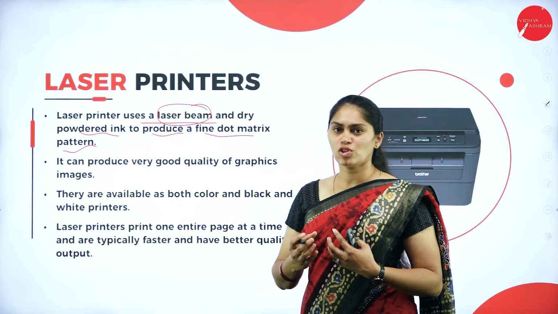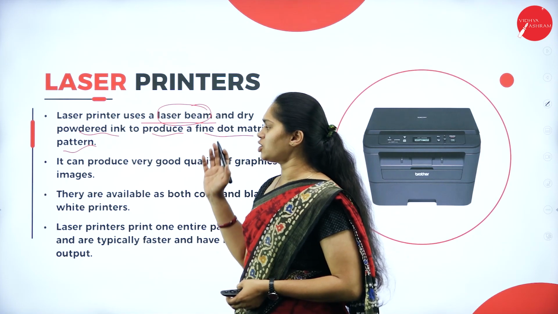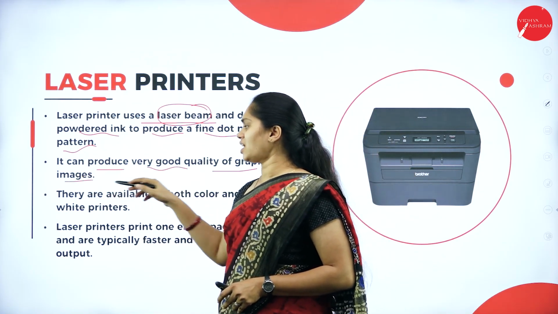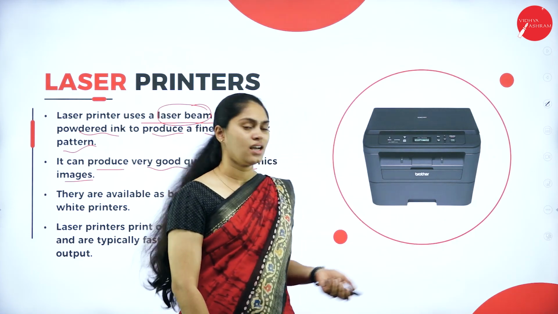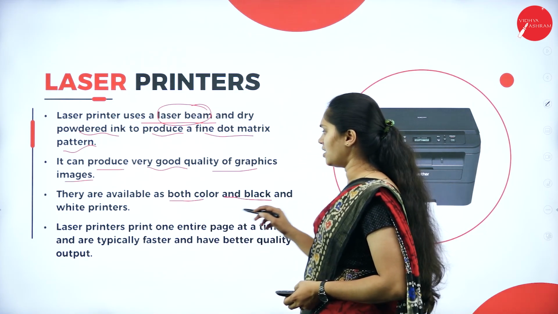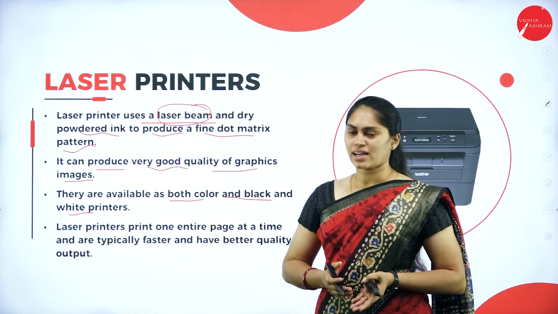With the help of those two, it is producing or representing text or images, and it can produce very good quality graphic images. With the help of this laser printer, we can get high quality graphics images, and they are available as both color and black and white printers.